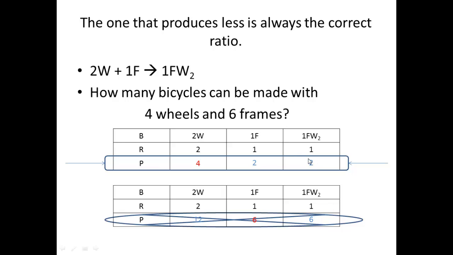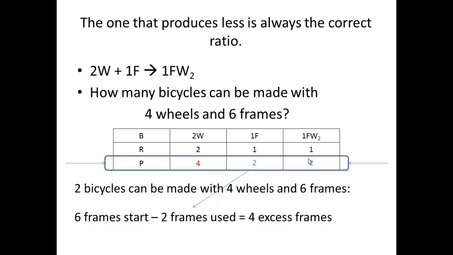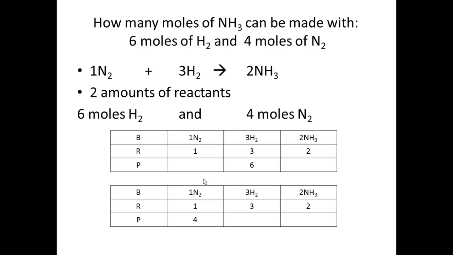Now, I can only make 2 bicycles, so I'm always going to pick the one with the least amount of product. And I'll just have extra frames too. So if I started with 6 frames, I use 2 frames, I have 4 extra frames in the end. So I can only make 2 bicycles. 2 bicycles can be made. That's an FW2.